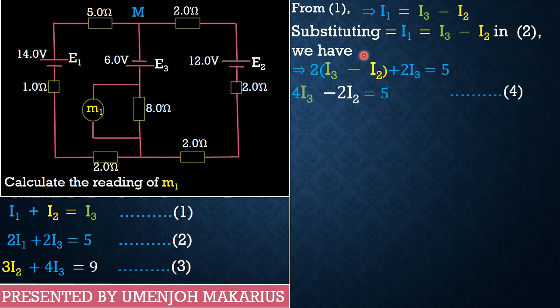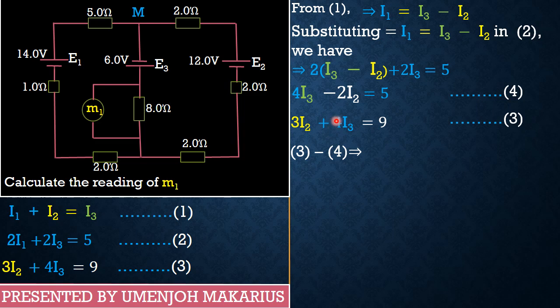All right. So guys, you notice that we have only I3 and I2 here, and we also have I3 and I2 there. So let's bring them together and solve as a pair of simultaneous equations. This is our equation 3, guys. Since we have 4I3, we can solve by elimination, right? So we are going to take equation 3 minus equation 4, sorry.